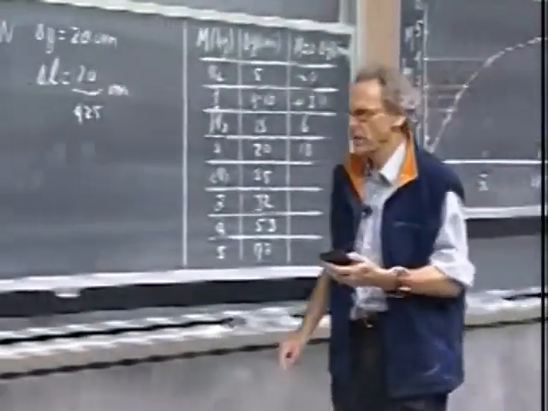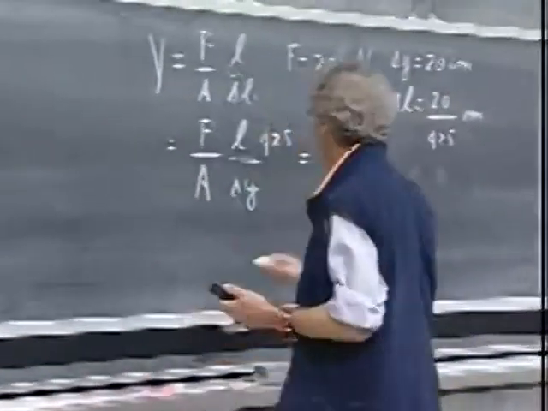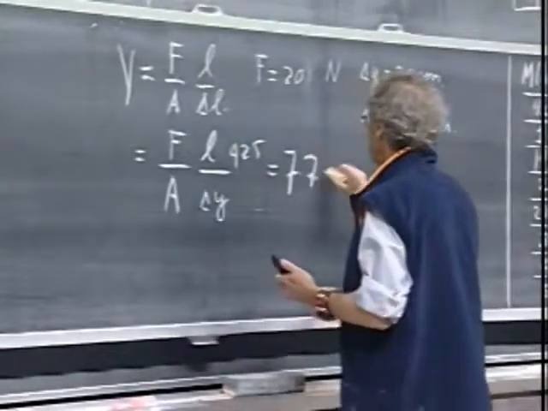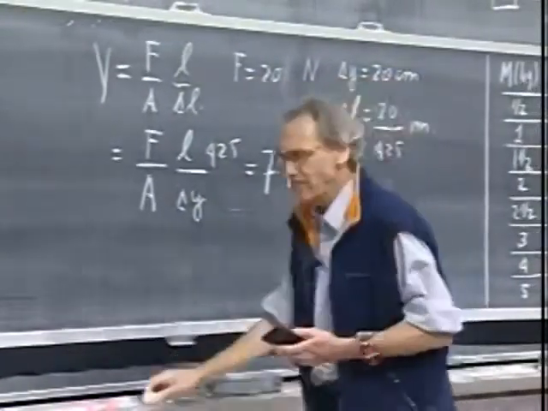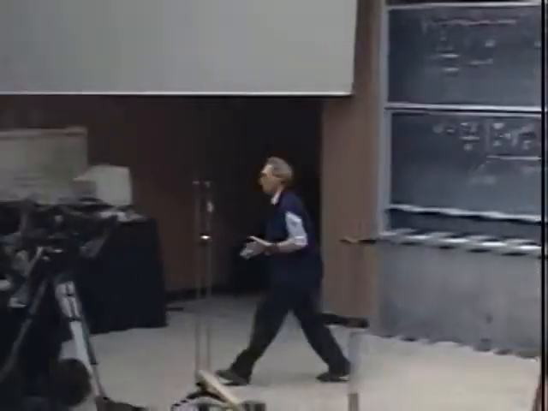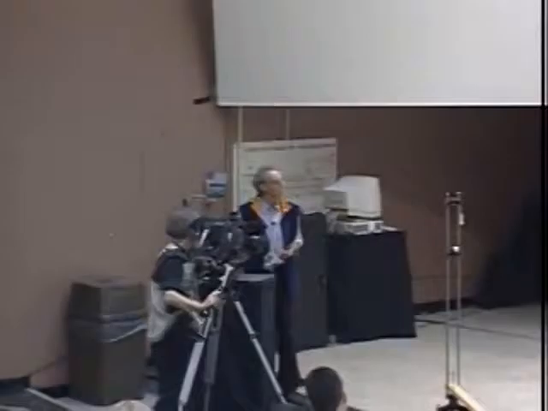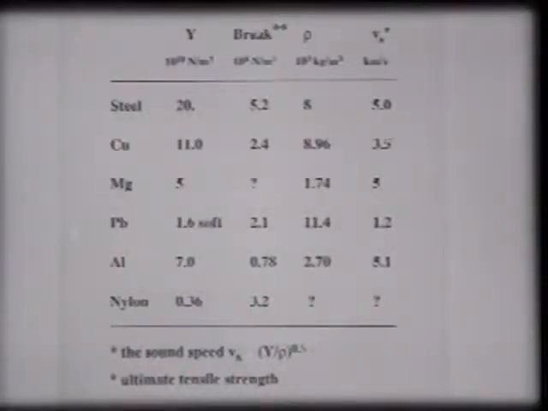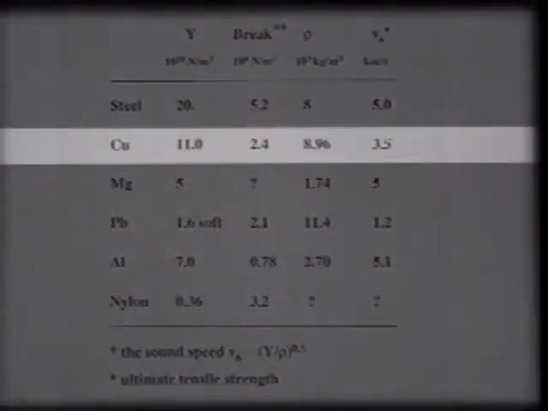And I get 7.7 times 10 to the 10th. And that is not bad at all. Because I think, from what I remember, it is 11 times 10 to the 10th. So that is quite amazing for such crude measurements that we do here.